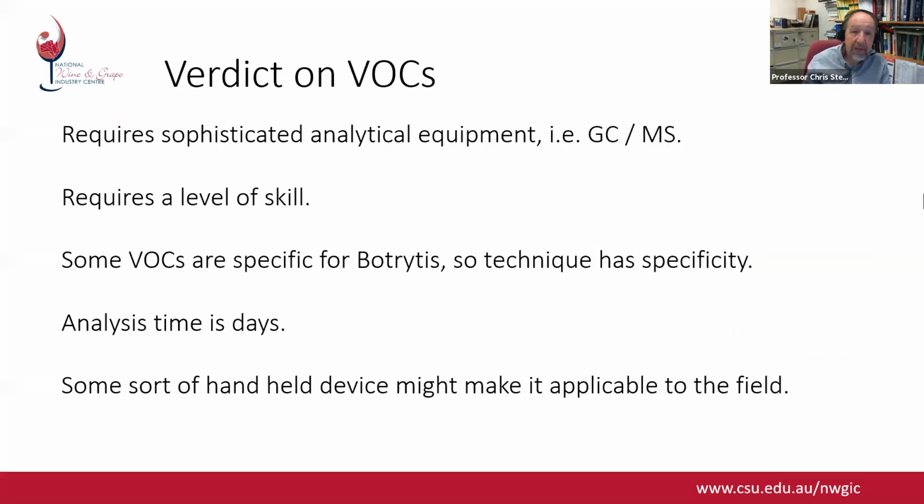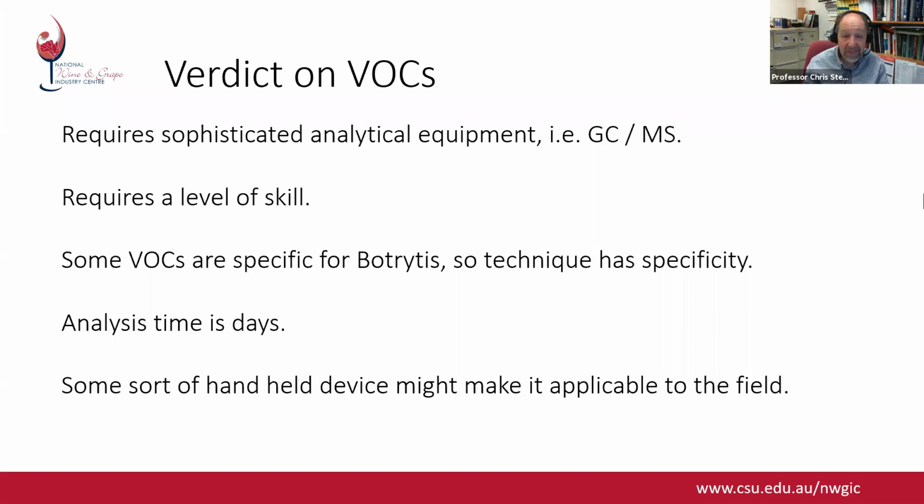So what's my opinion about the VOCs, the volatile organic compounds? Well, we do require at the moment sophisticated analytical equipment, GC mass spec. We need someone with the capability to run the instrumentation, but some of these compounds are specific for Botrytis. So the technique has potential for specificity just to pick up Botrytis only. The analysis time is still not down to minutes or hours.